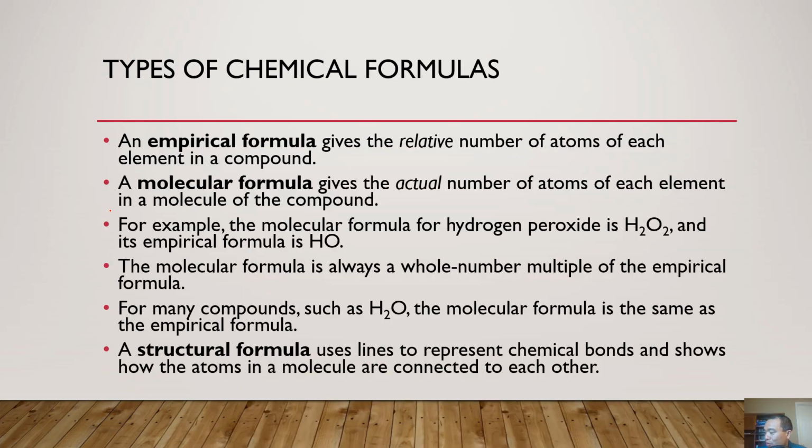Empirical formula gives the relative number of atoms for each element. Remember, it's the relative number, but I'm going to make it more specific. It tells you the smallest whole number ratio of each element.